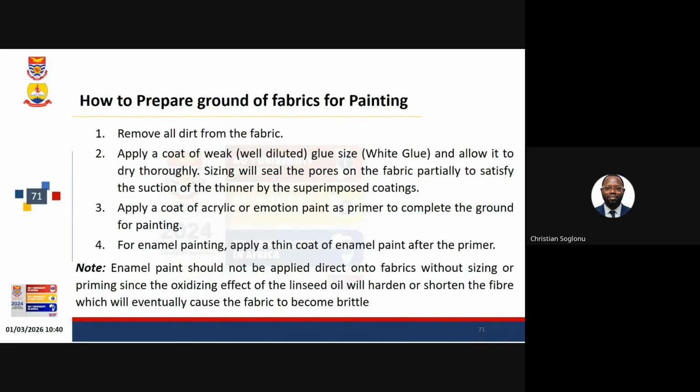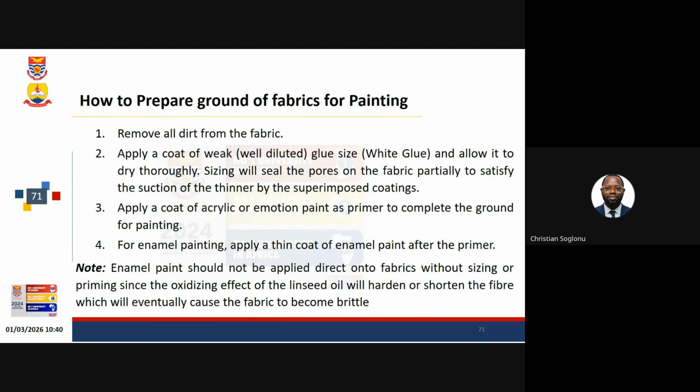So if you want to use it for enamel painting, you again have to coat the surface with the enamel, because we were told that the enamel contains alkaline in it, which will have effect on the fabric when you coat it directly on the support.